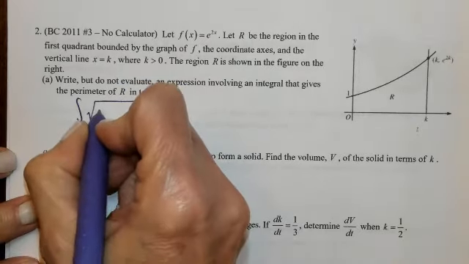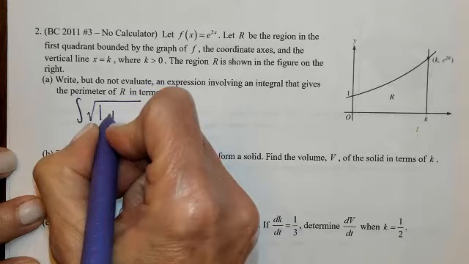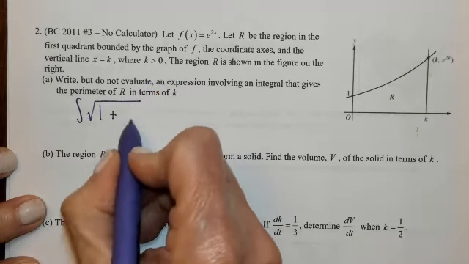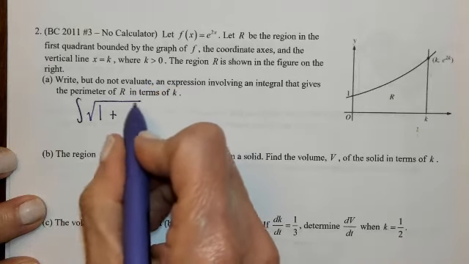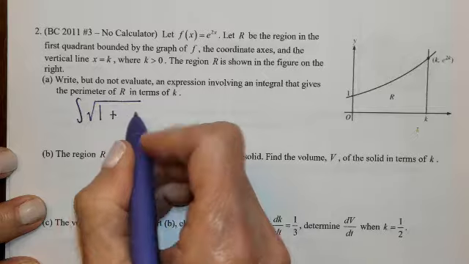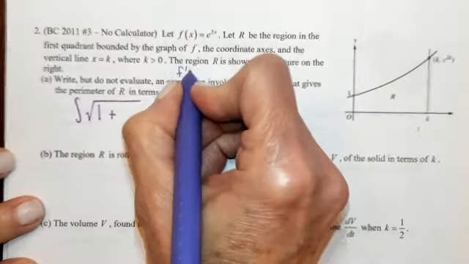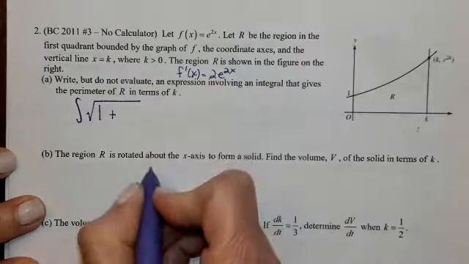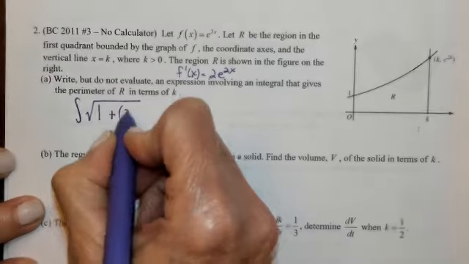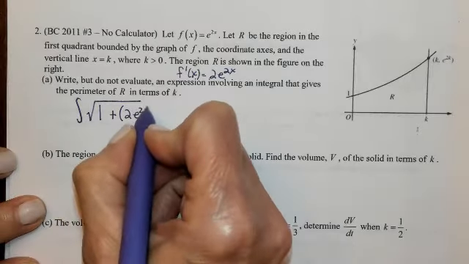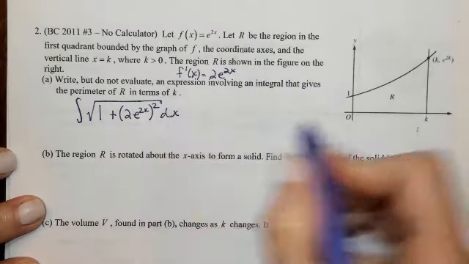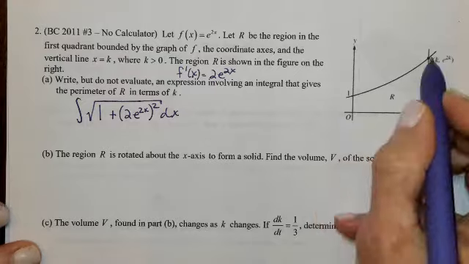So we have that square root, and under the square root it's 1 plus f prime squared. f prime for us is 2e to the 2x, right? So we need 1 plus f prime squared, dx, and that gives us the length of that curve.